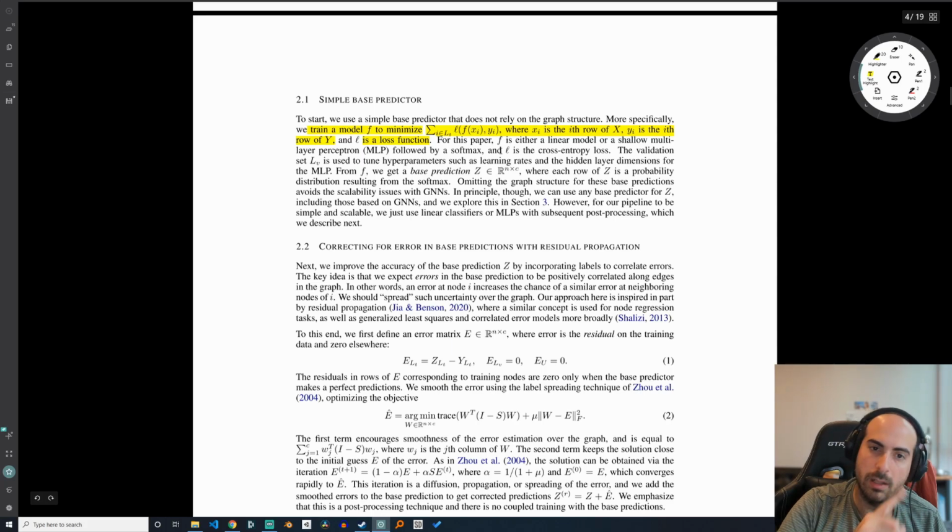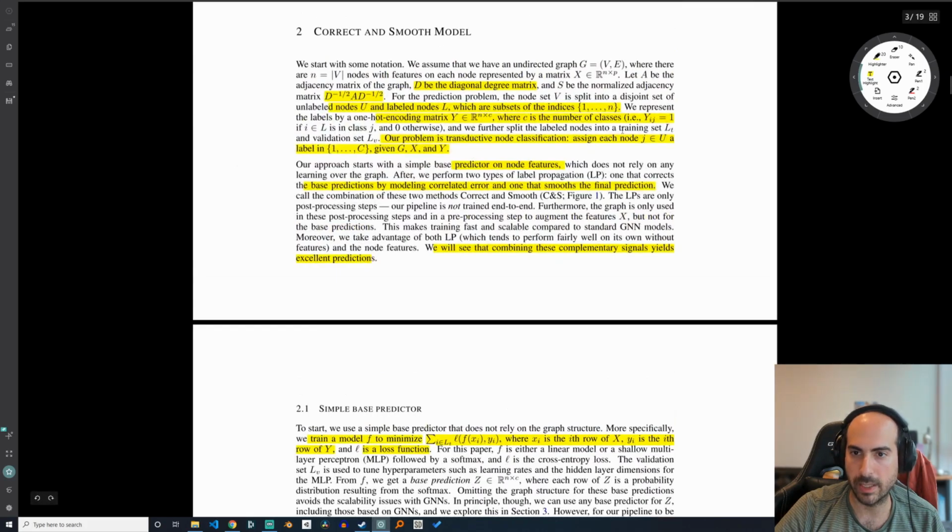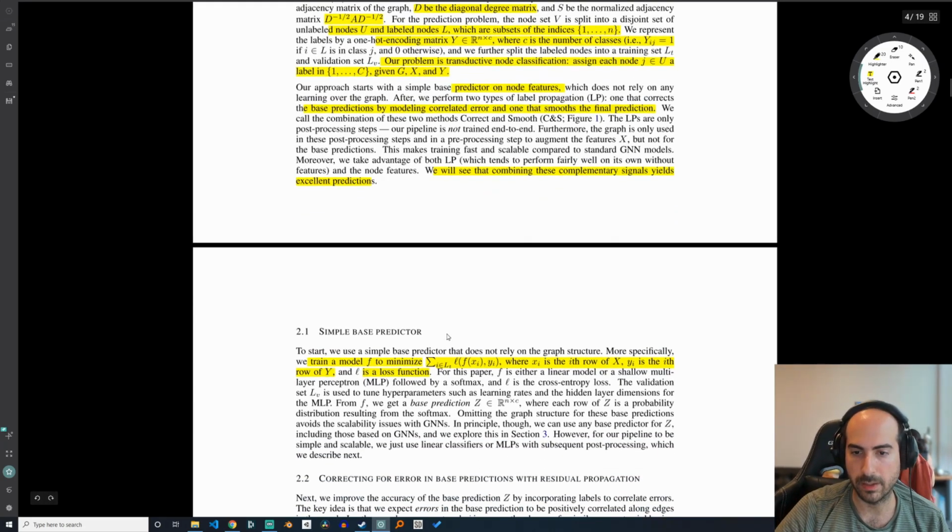So given all of a node's features and given a node's labels, because the ith row of Y is going to be, so I guess here, how are they saying yi? There could also be a one-hot encoding, n times c, where c is the number of classes. Yeah. So each row is going to be a single value in this case, right?